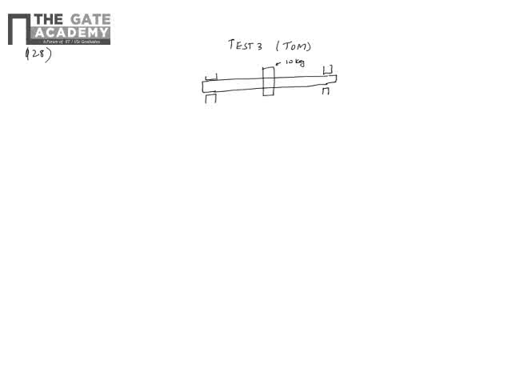The diameter is 30 mm, and the total length is 500 mm between the bearings. The bearings are simply supported, and the modulus of the shaft E is 2.1 into 10 power 11 Pascal. The critical speed of the shaft is what is asked.